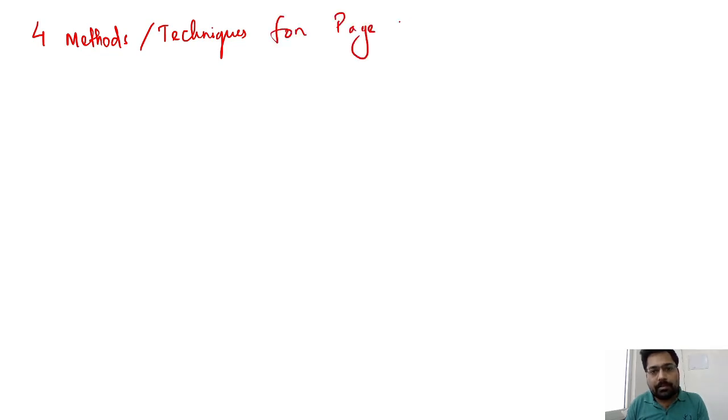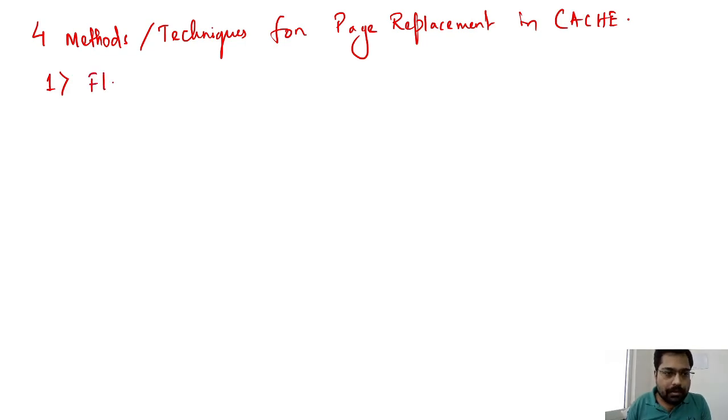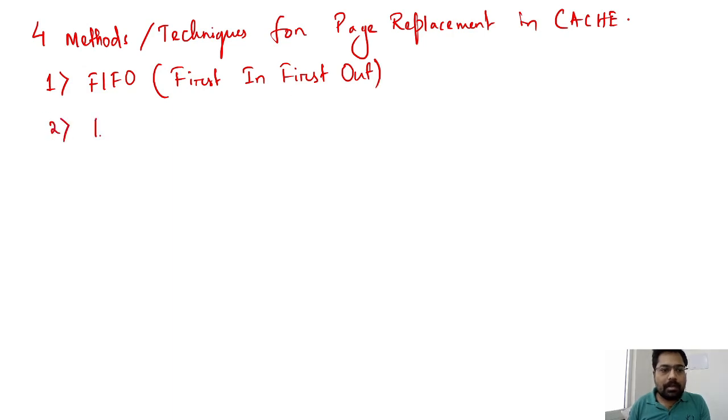Next we will discuss the four methods or techniques for page replacement in cache. The first one is first in first out, FIFO. The second one is LRU, least recently used.